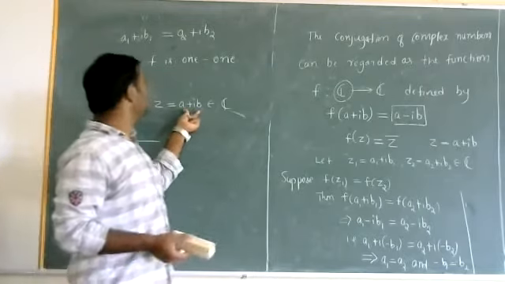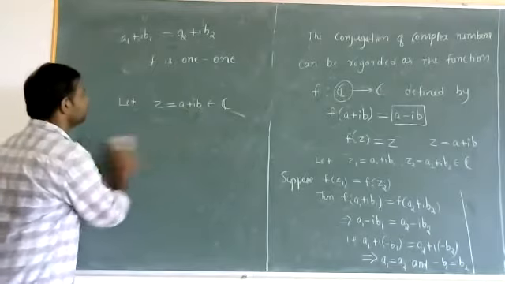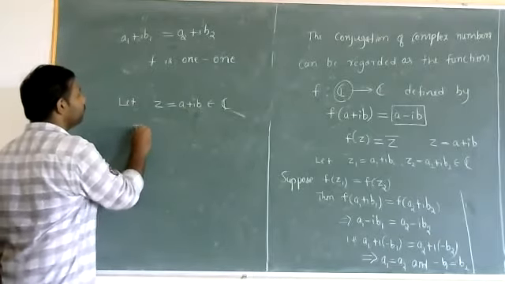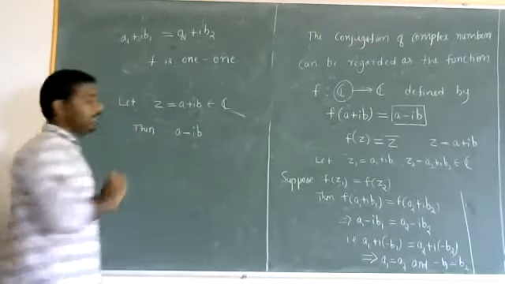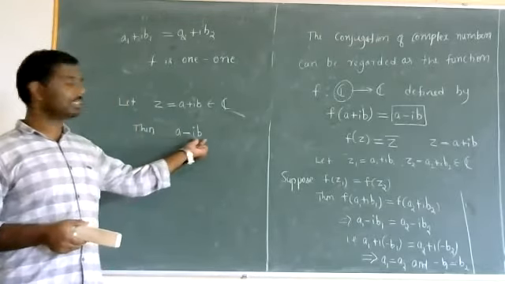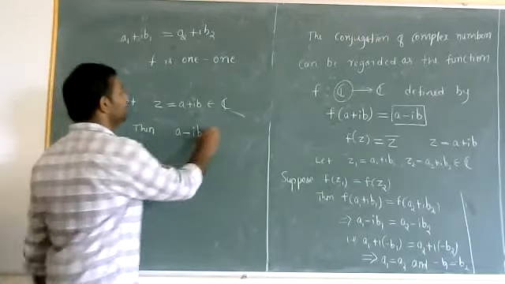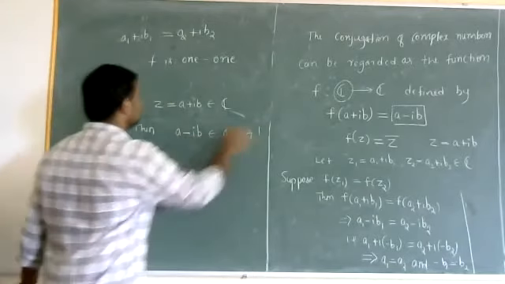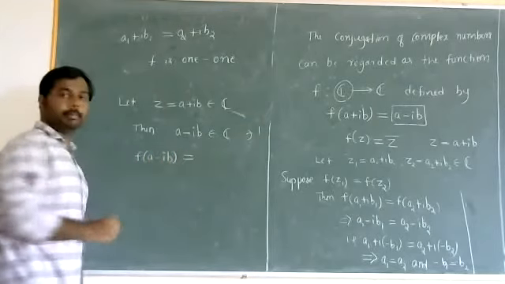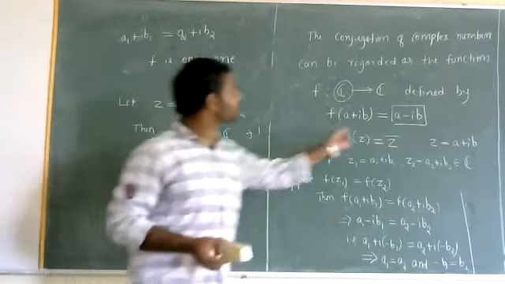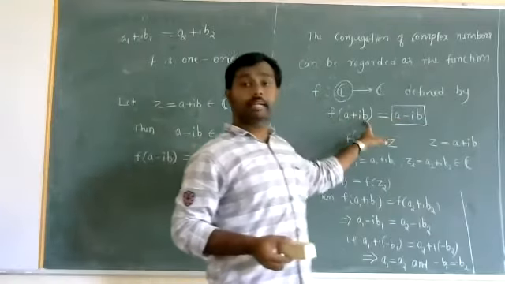So when we get a plus ib, consider a minus ib. So the complex number a minus ib, what is its image? What is its image? For the image, we just have to negate the imaginary part.